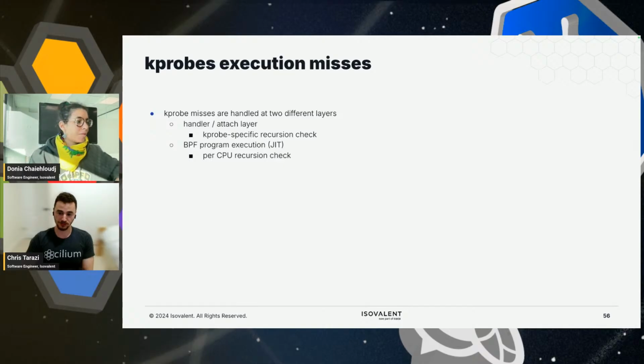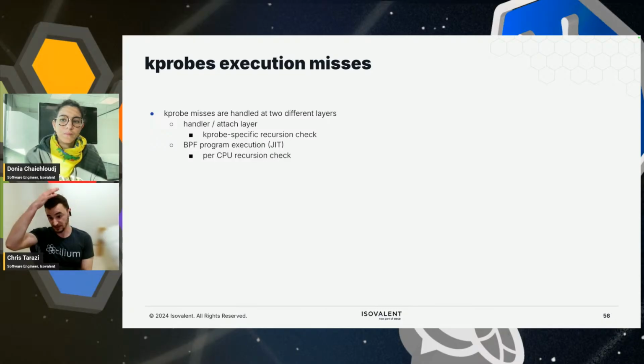Kprobe execution misses happen at two different layers. The first is the handler or the attached layer. At this layer, your kprobe program is set up to be executed, the kprobe-specific recursion logic is performed, and it checks whether there is a kprobe running on the same CPU.